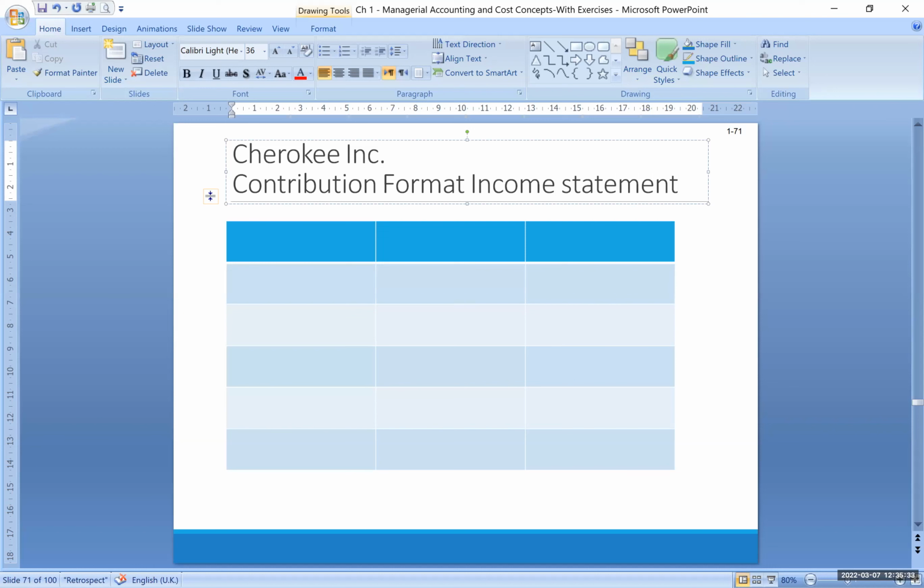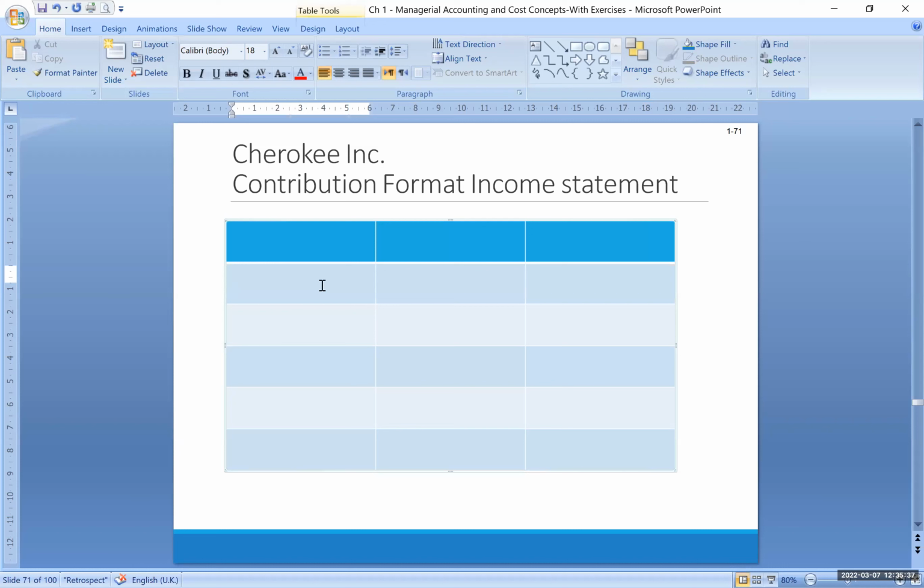Contribution format income statement, starting with the sales: the same 20,000 units multiplied by $30. This equals $600,000.